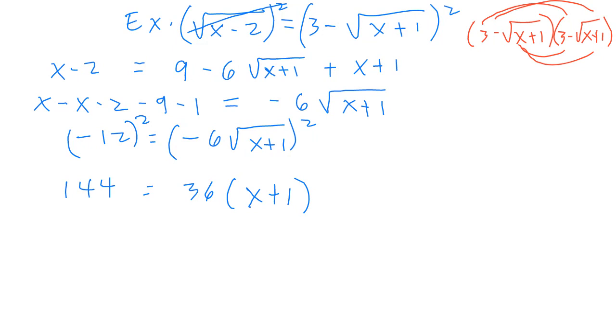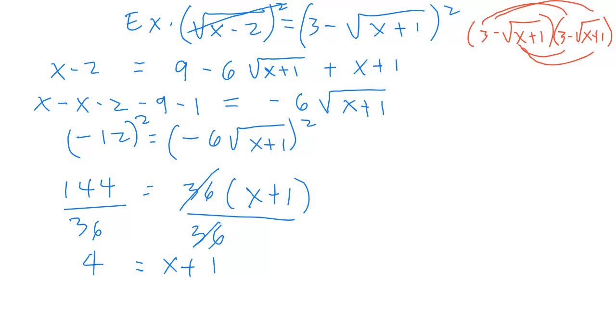And then we're going to solve for x by dividing 36 here, and then 36 also here. So the 36 will be cancelled out. So we will have x plus 1 and 144 divided by 36. It gives us 4.